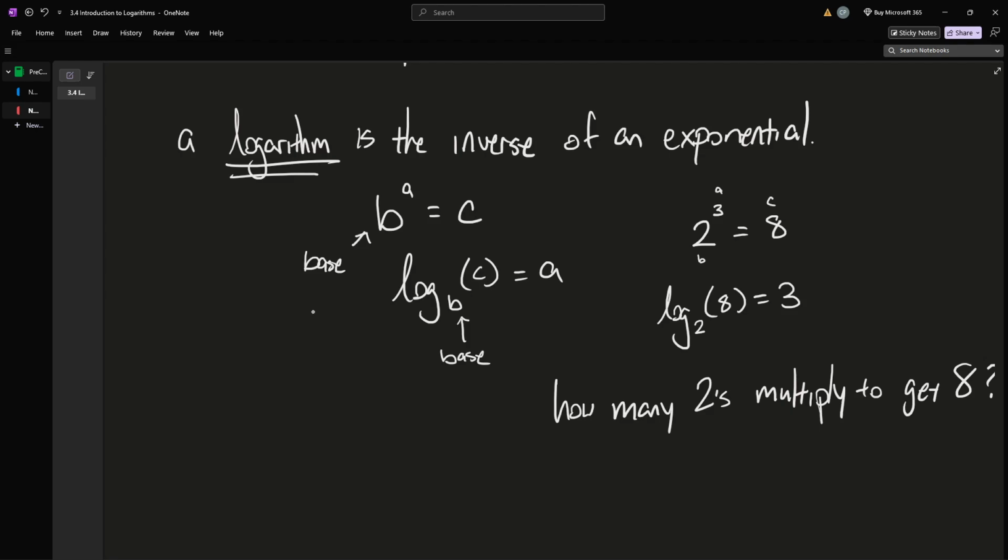This works for the first couple examples, but once we get to values where the result, my a, is not a clean number, let's say like 1.5 or 1/2 or -4, that kind of makes this break apart. But for the first couple bits, that's just what we want to see it as. How many of the base multiply to get 8? I need three 2's to multiply to get 8, and that's my answer right here.